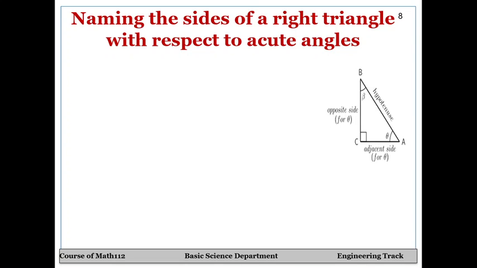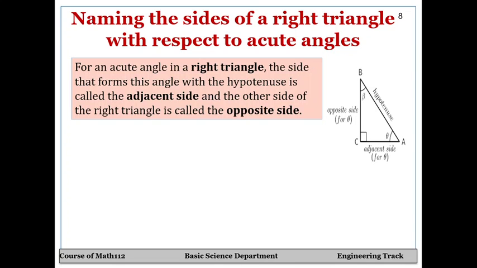First, the side that corresponds to 90 degrees is always called the hypotenuse. Now, we have two acute angles here. One of them is, let's say, beta, the other is theta. For now, forget about beta and concentrate on theta.